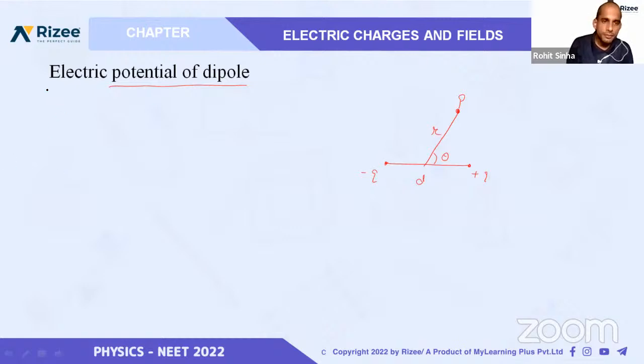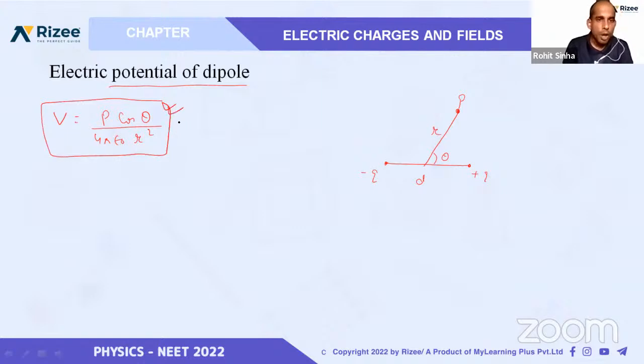We define V is equal to P cos theta by 4 pi epsilon naught r square. This is the electric potential of a dipole, or we can replace P by qd because P is the electric dipole moment: V equals qd cos theta by 4 pi epsilon naught r square.